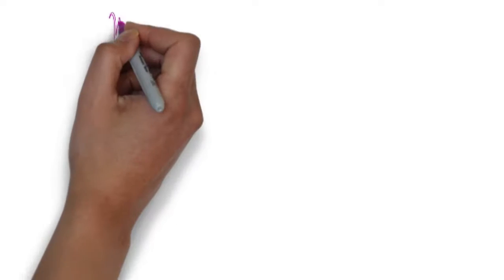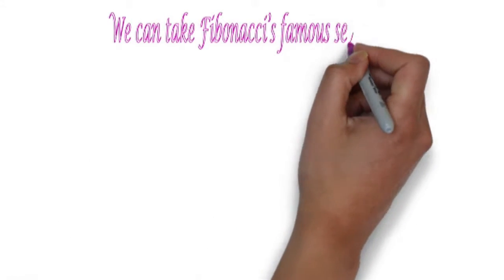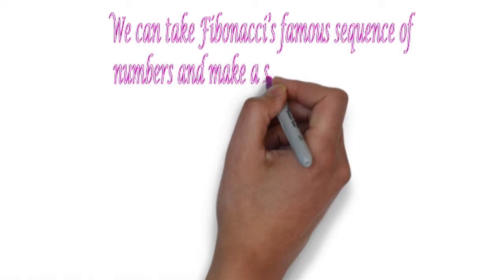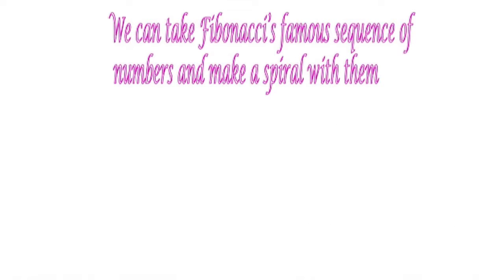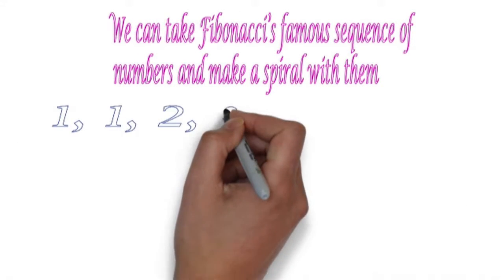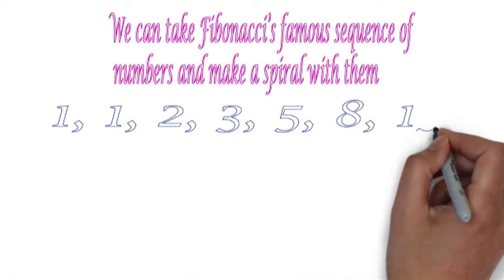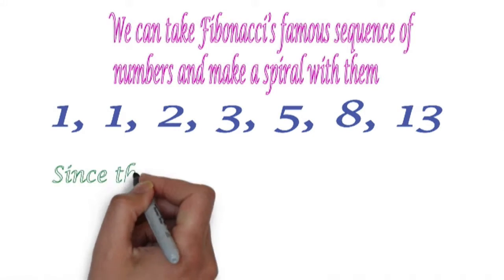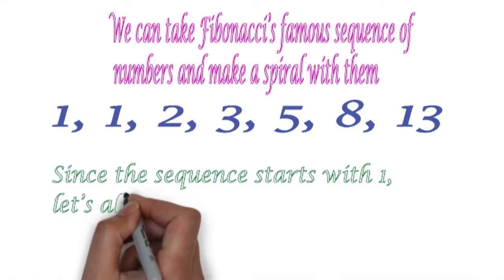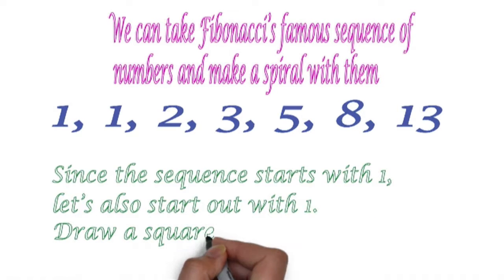Let's have a look at Fibonacci in nature. We can take Fibonacci's famous sequence of numbers and make a spiral with them. So 1, 1, 2, 3, 5, 8, 13. Since the sequence starts with 1, let's also start out with 1, so draw a square with a side length of 1.